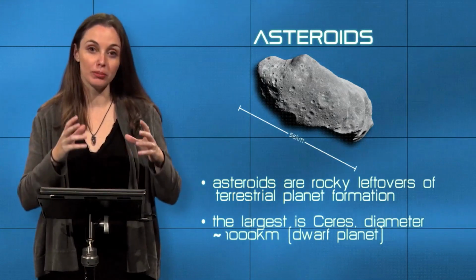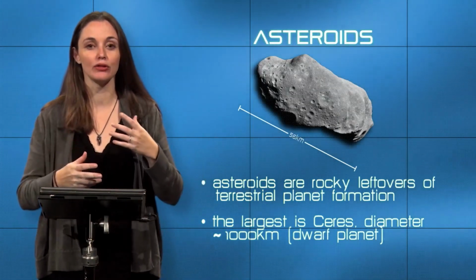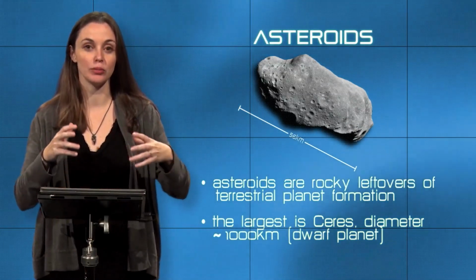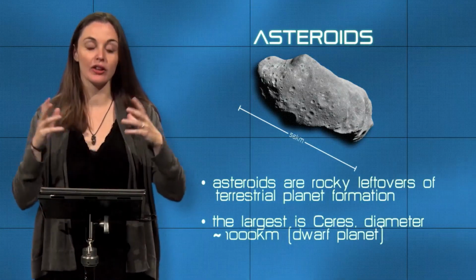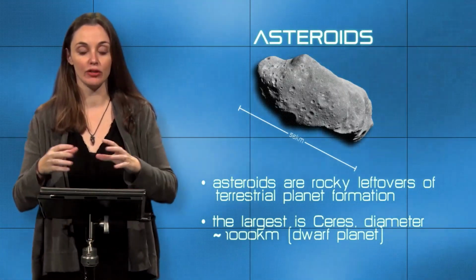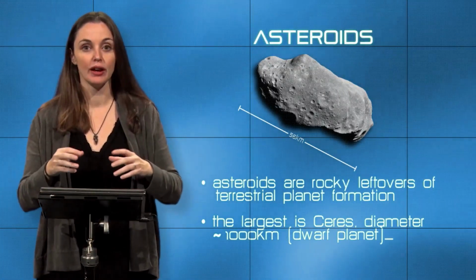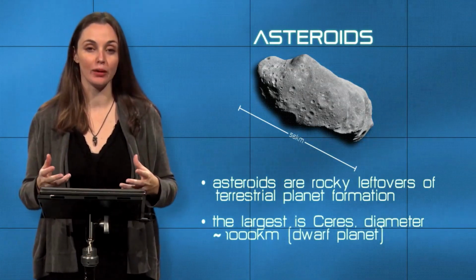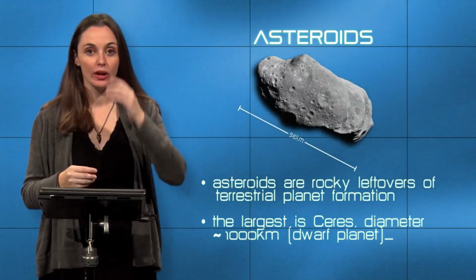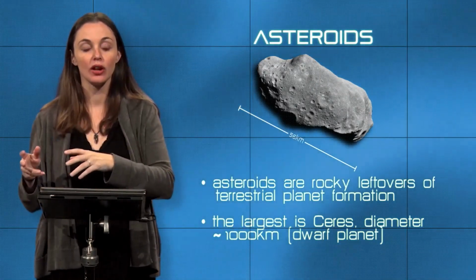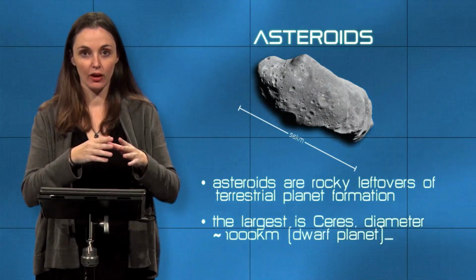Unlike the terrestrial planets, you didn't have this massive snowballing effect that allowed for all of these individual pieces to coalesce together and accrete together to form one big object. Instead, they remained as sort of unattached individual little objects.